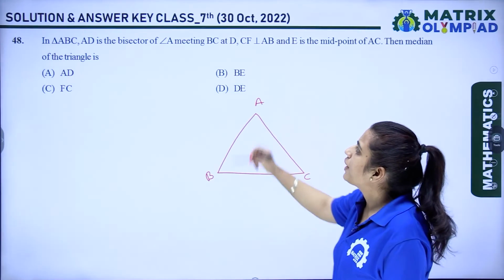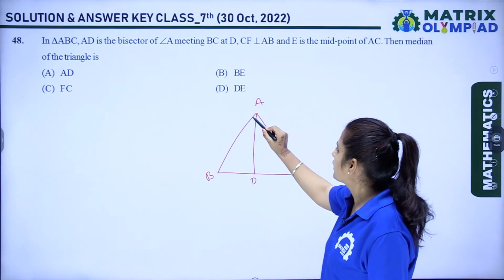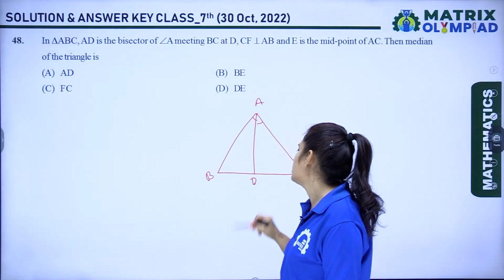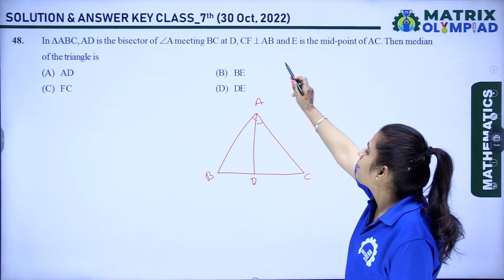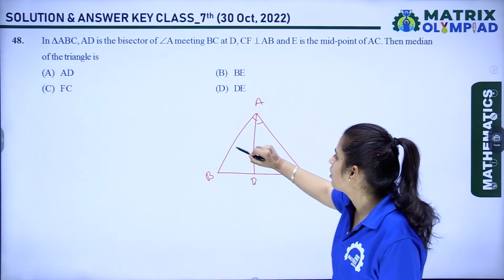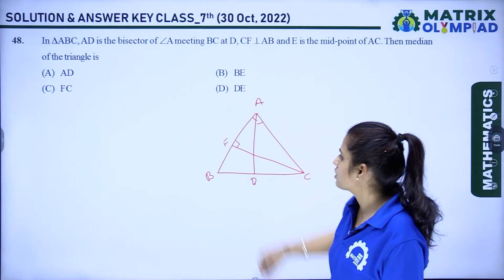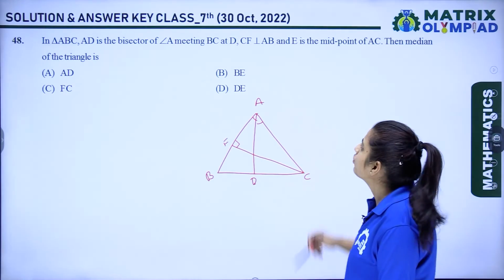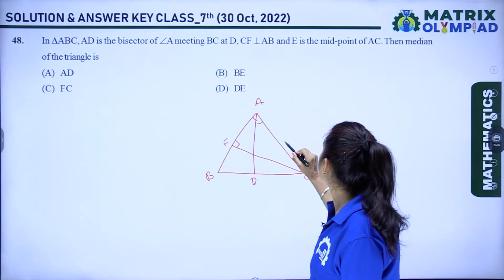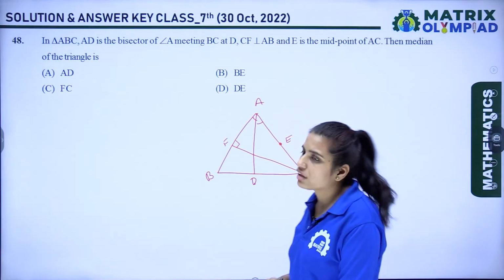AD is the bisector of angle A, meeting BC at D. So here this is BC and D. If CF is perpendicular to AB, this is point F, perpendicular to AB, and E is the midpoint of AC, then the median of the triangle is?